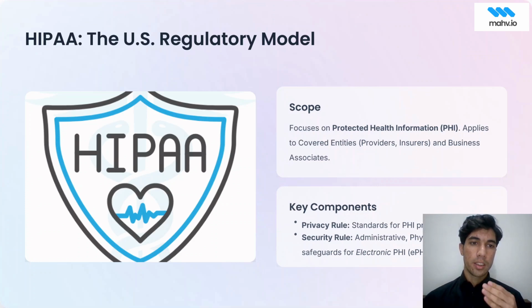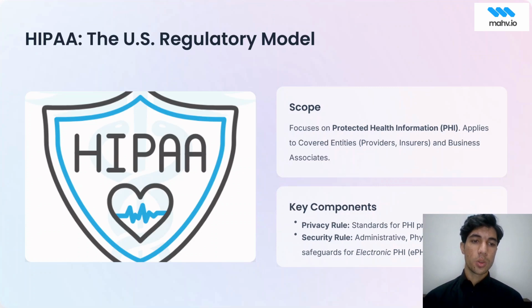Basically, it applies to providers, insurance companies, and business associates in the health data science field. Then the key components of HIPAA: the first is the privacy rule, which sets the standards for personal health information protection.